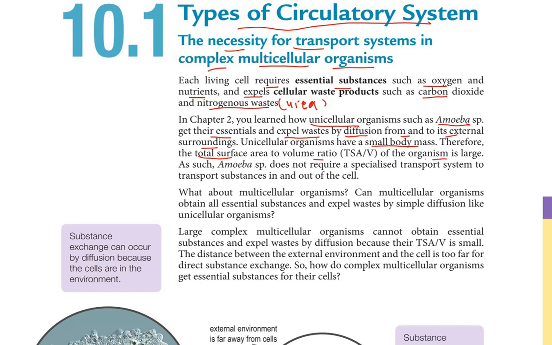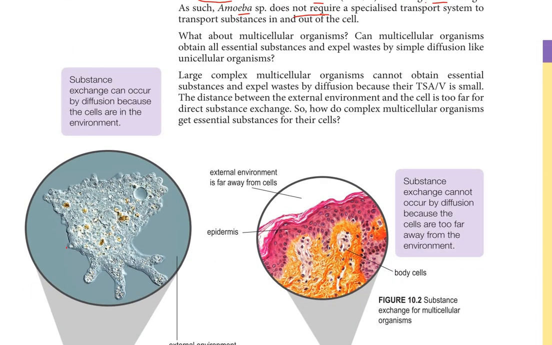As such, amoeba species do not require a specialized transport system to transport substances in and out of the cell. Let's take a look at this diagram. This is an amoeba, which is made up of only one cell. You can see here it has a nucleus. The amoeba is in the external environment.